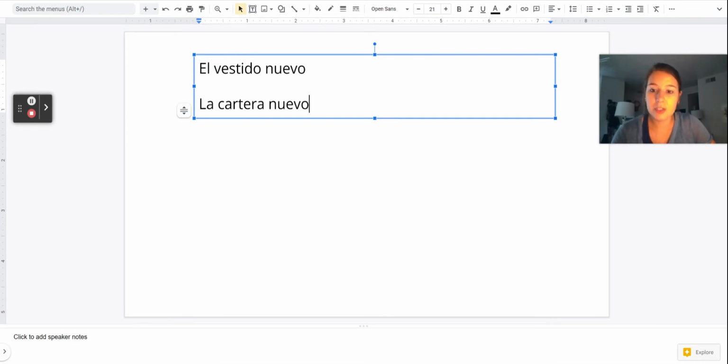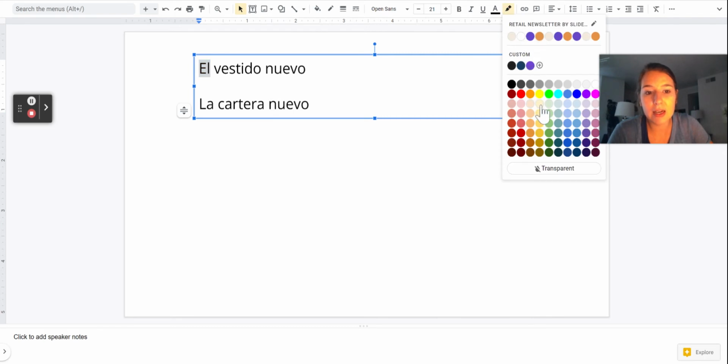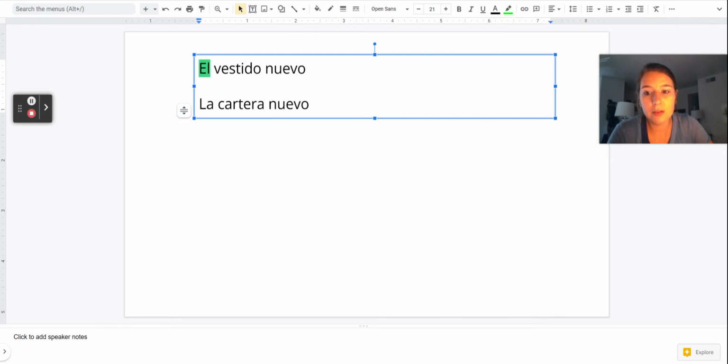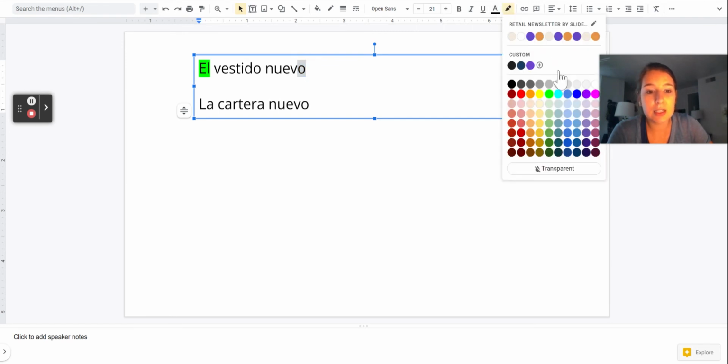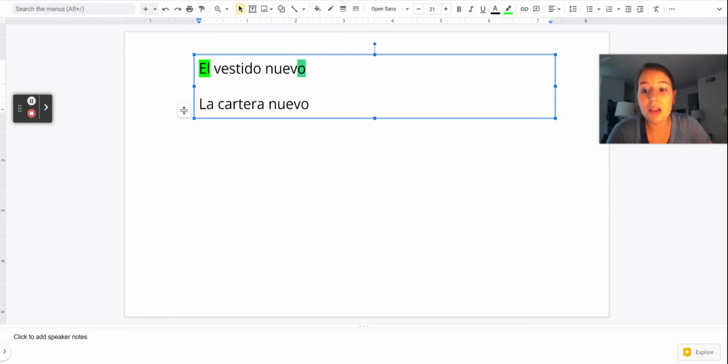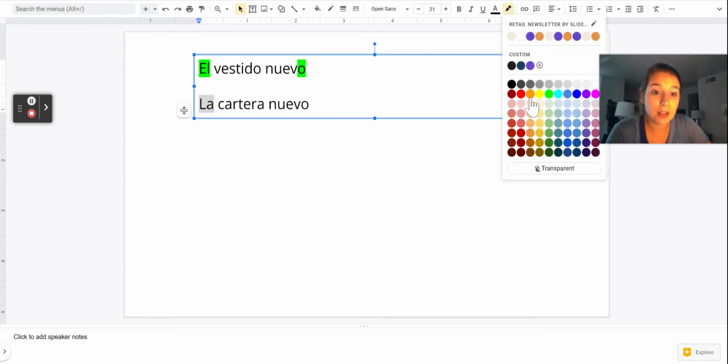Well, nuevo is new, right? But look at this, el vestido, el is masculine, so we're going to highlight that in green. And nuevo, with an O at the end, is masculine to match. Now, la cartera, that is feminine, right? Because it has a la.